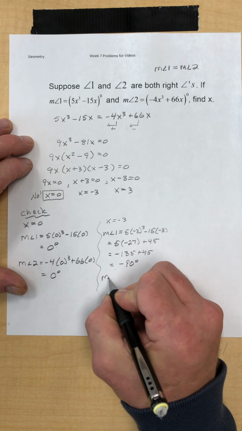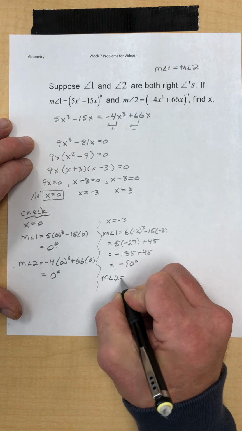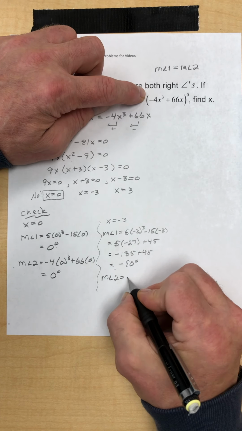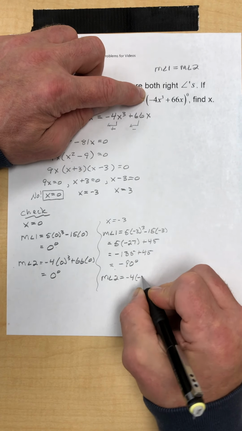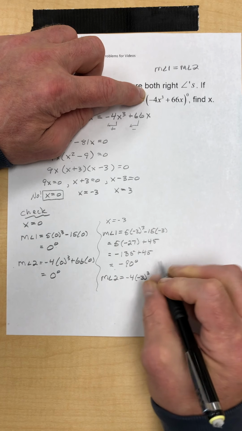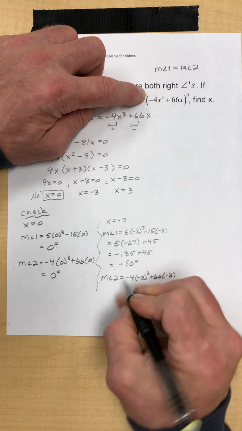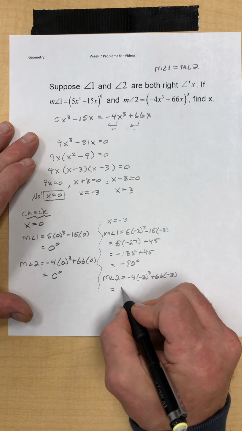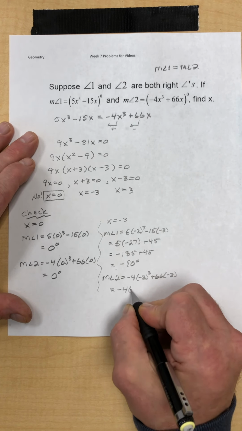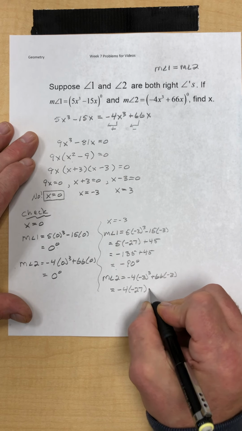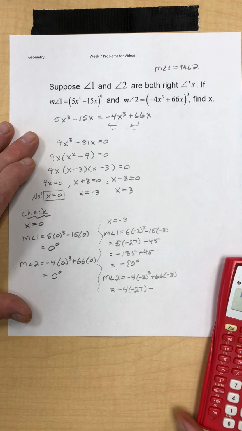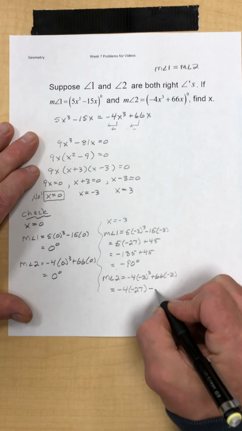I'm going to check the measure of angle 2 anyway. So here we go. Negative 4 times negative 3 cubed plus 66 times negative 3. So I'm going to get negative 4 times negative 27 minus 66 times 3. 66 times 3, that's negative 198.